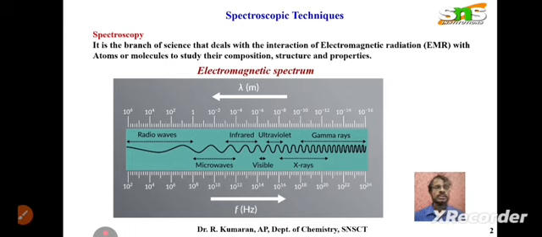By using these analytical techniques, we are able to do all kinds of studies such as the molecules' composition, structure, and properties. Researchers use these analytical techniques to review their synthesized materials.